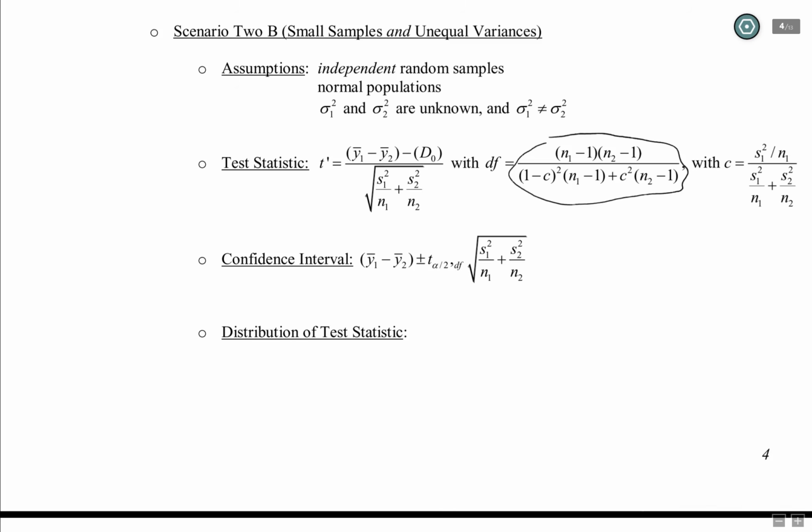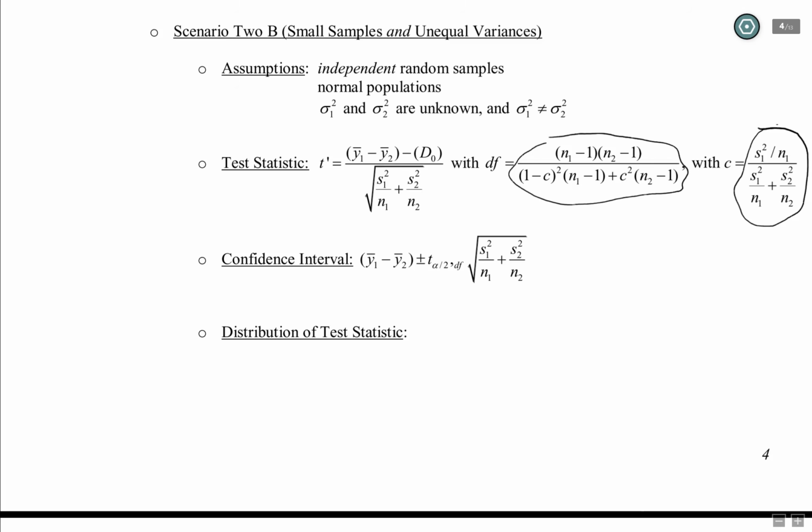It involves C, and C is given in this expression here. Without going into too much detail within the lecture on what motivates those, the big idea is that these quantities approximate the degrees of freedom, or it allows us to give a t distribution that approximates the true distribution of this ratio, which we don't have a good closed form for.